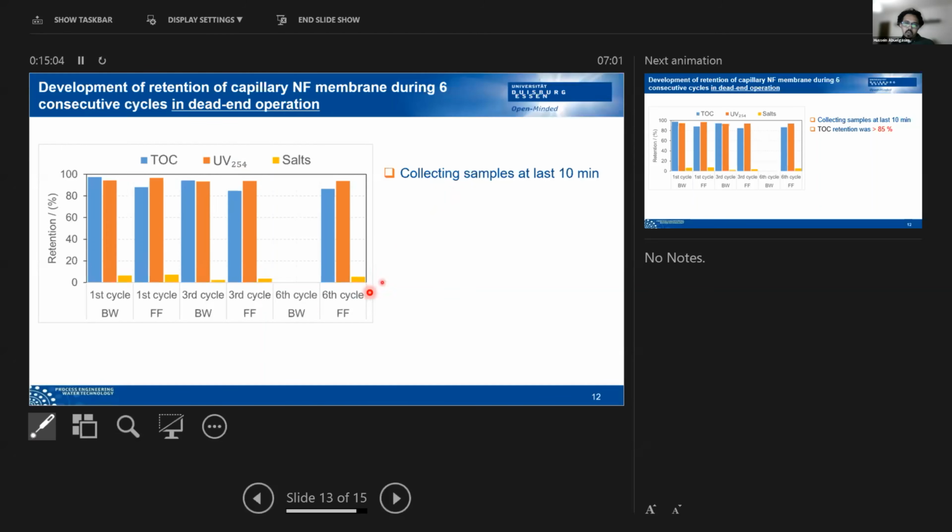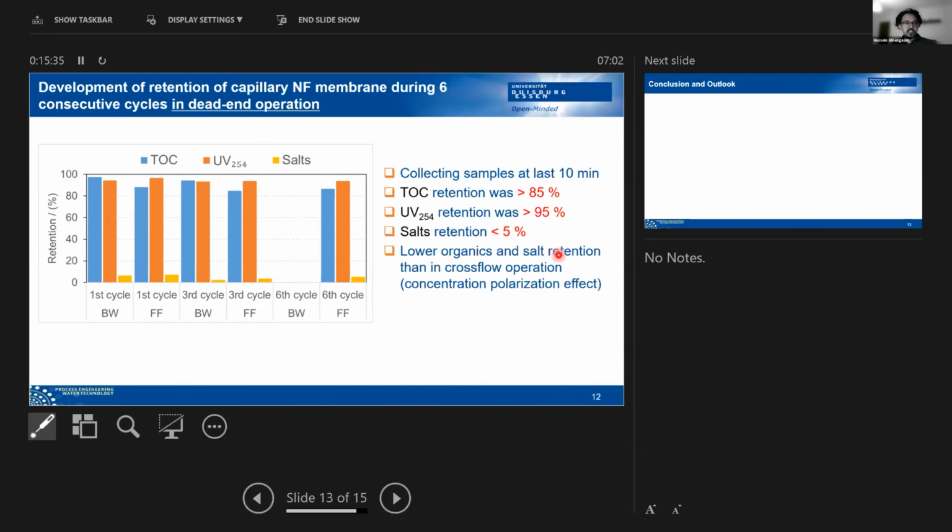Because in the backwash only 3 cycles have been performed, when we collected the samples only in the last 10 minutes of each hour of filtration, we see that the TOC retention is lower, 85% in comparison to the cross-flow modes, which is minimum 95%. UV is again higher than this one. However, the salt is again lower than 15%, which is mainly due to the concentration polarization effect in comparison to cross-flow.